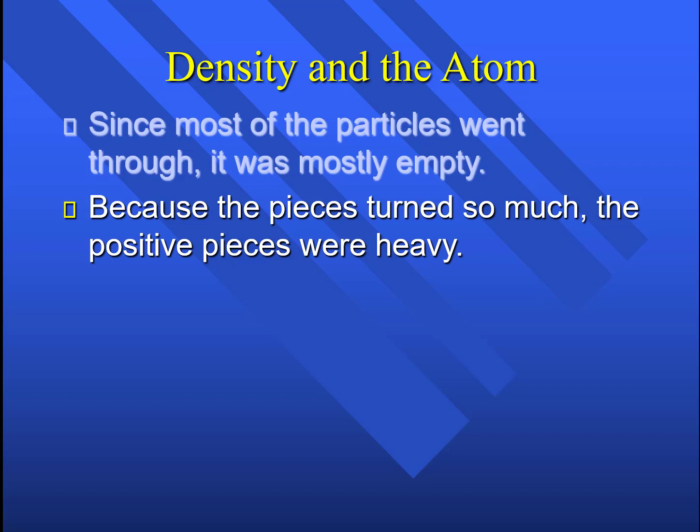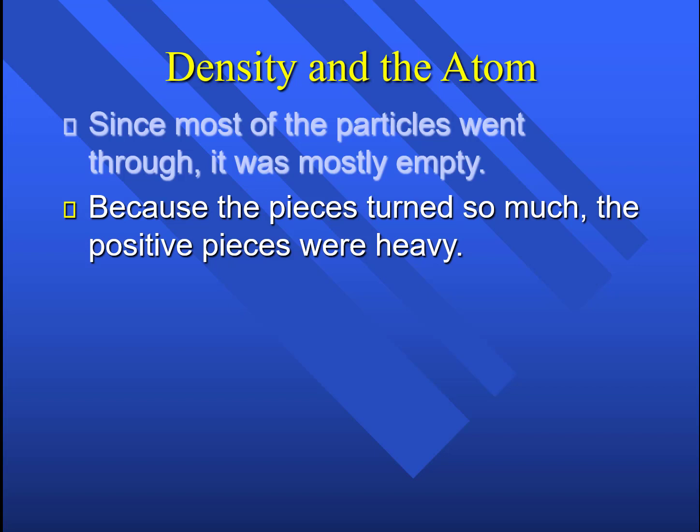If you threw a bowling ball at a ping pong ball, the bowling ball would not bounce off. Because the bowling ball is bigger than the ping pong ball. The fact that the alpha particles bounced off meant they were the ping pong ball, not the bowling ball. They were a little piece that bounced off. So the thing they hit was heavier than they were.